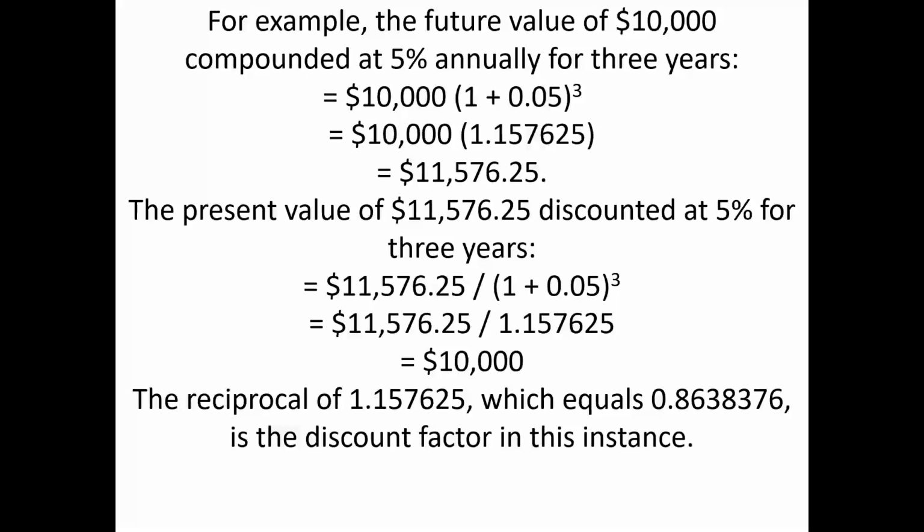According to the formula, PV is 11,576.25 divided by (1 plus 0.05) whole thing cubed, that is 1.157625, and that will give you 10,000 dollars. So the reciprocal of 1.157625, which equals 0.8638376, is the discount factor in this instance. Okay, so that is future value and present value.